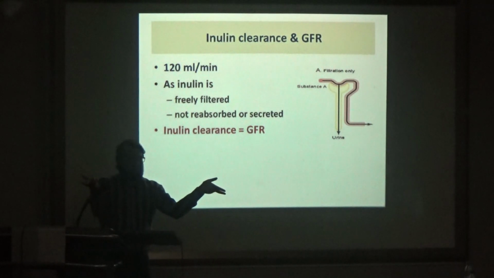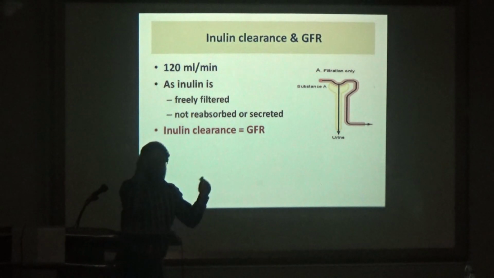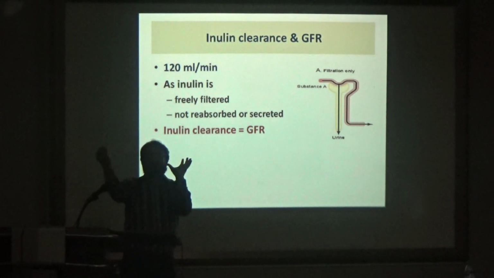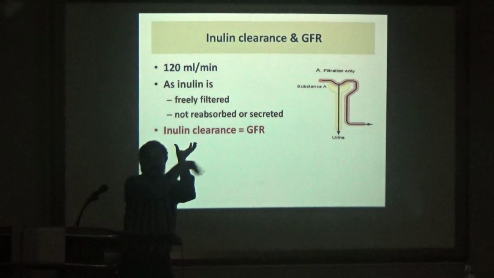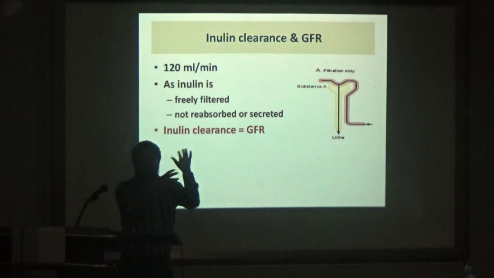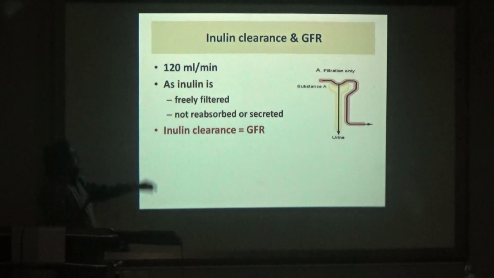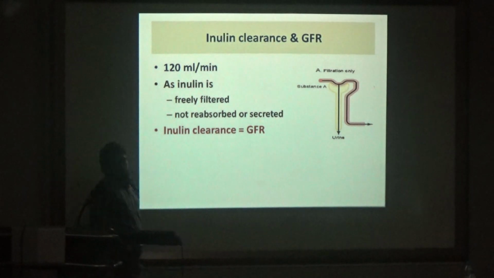Same, because inulin is a substance that is only filtered out and comes to the urine, with no reabsorption and no secretion. So inulin clearance is the same as GFR.